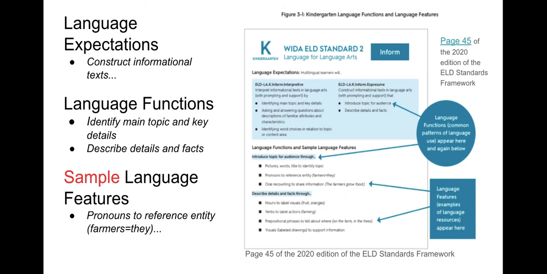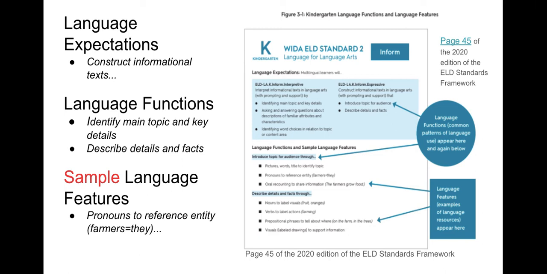As a review of what you already looked at in the book, each grade level cluster has a breakdown and information about each language piece. The key language use inform is at the top of this kindergarten example. Then it is broken down into inform for interpretive and inform for expressive.